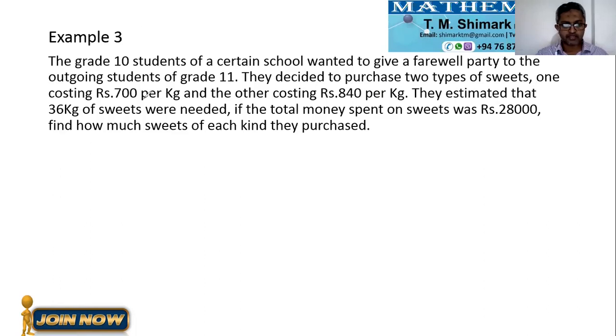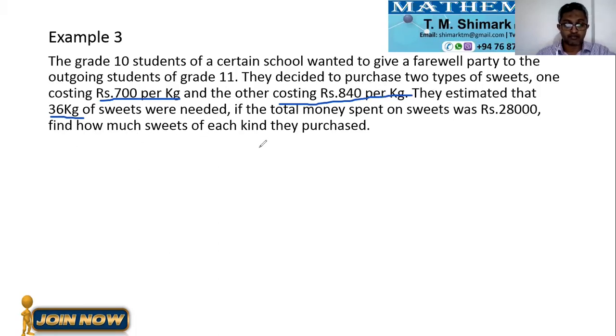Cost is 700 per kg for one type of sweets. The other sweet is 840 per kg. Estimated total amount of sweets needed is 36 kg. The total money spent on sweets is 28,000.